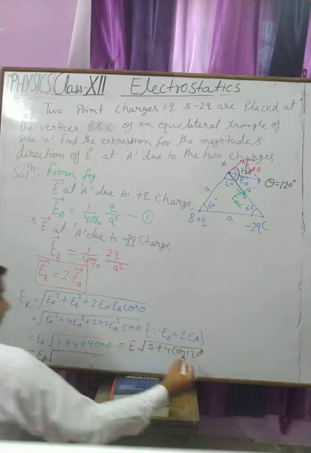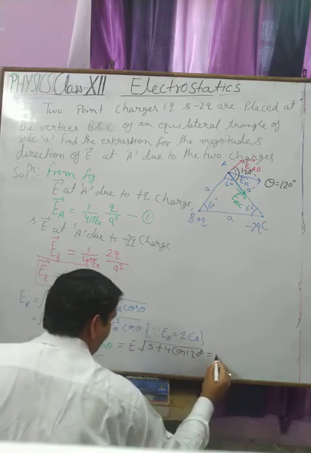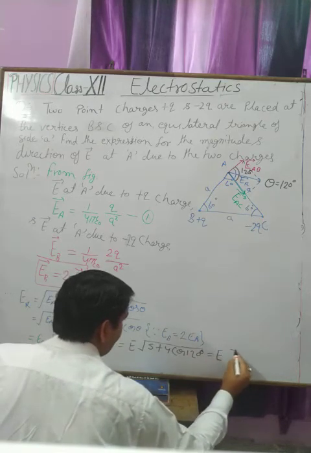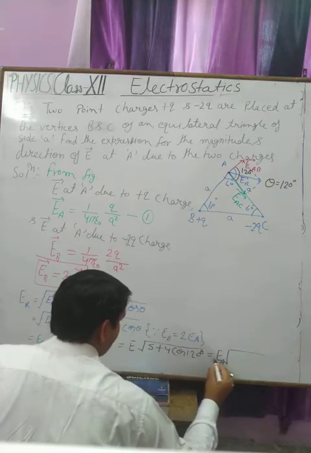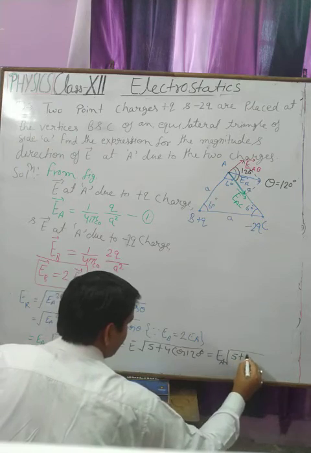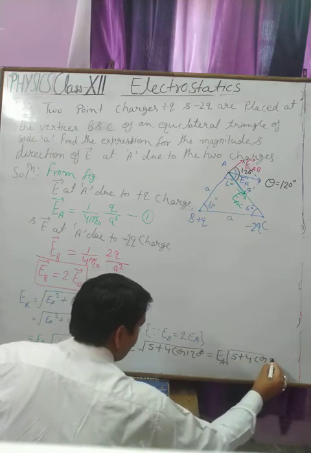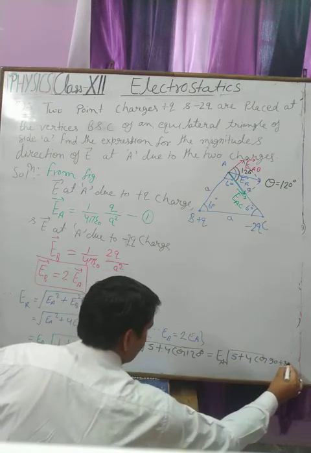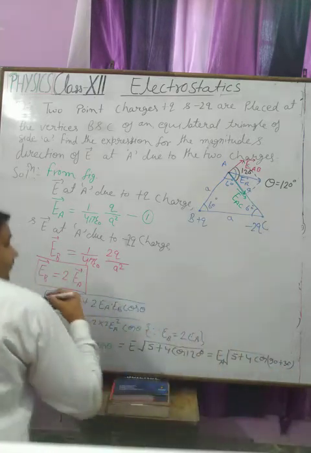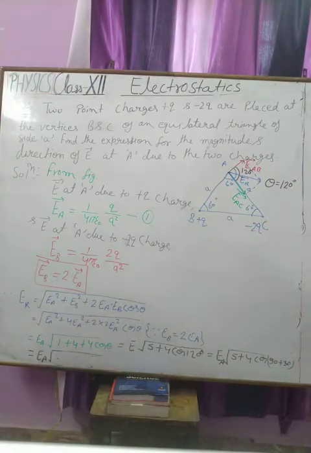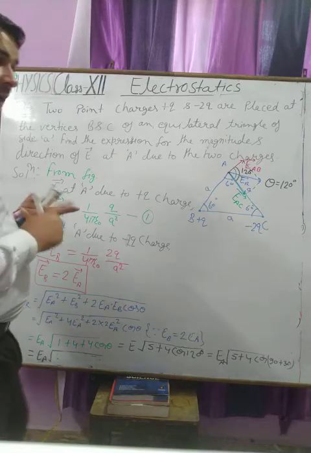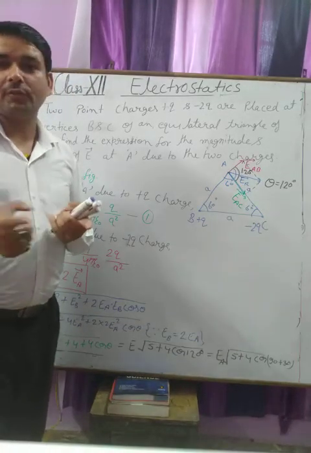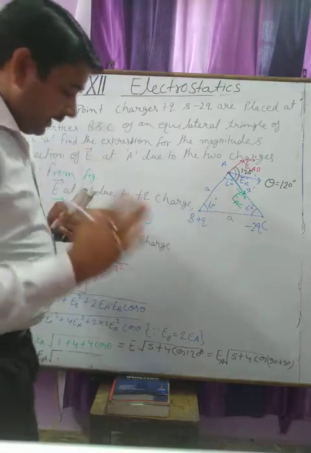Student, we can solve this value as EA under root 5 plus 4 cos 90 plus 30, and cos 90 plus 30 is in the second quadrant, and in the second quadrant the values of sine and cosec are positive and the rest are negative.